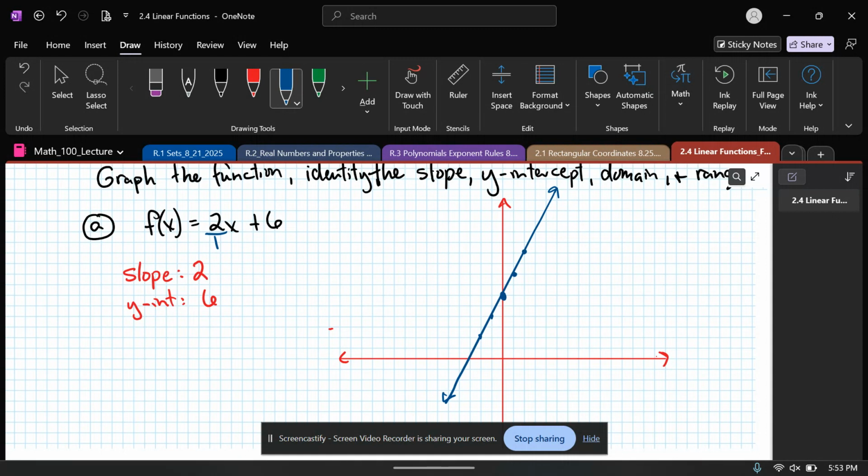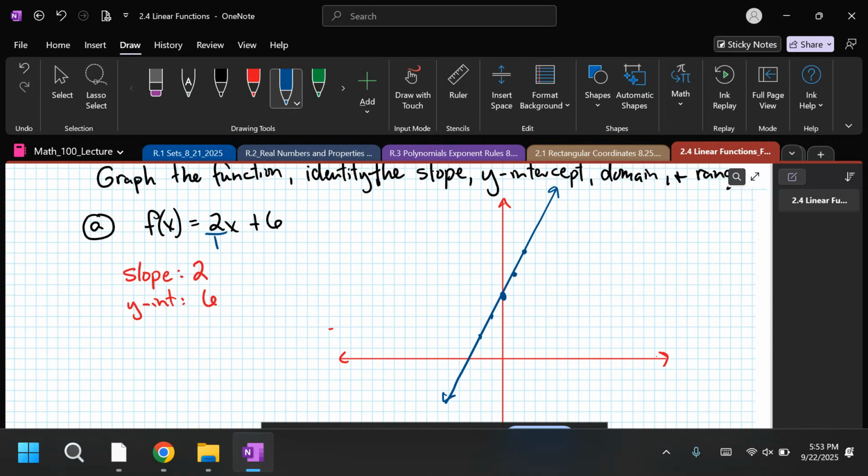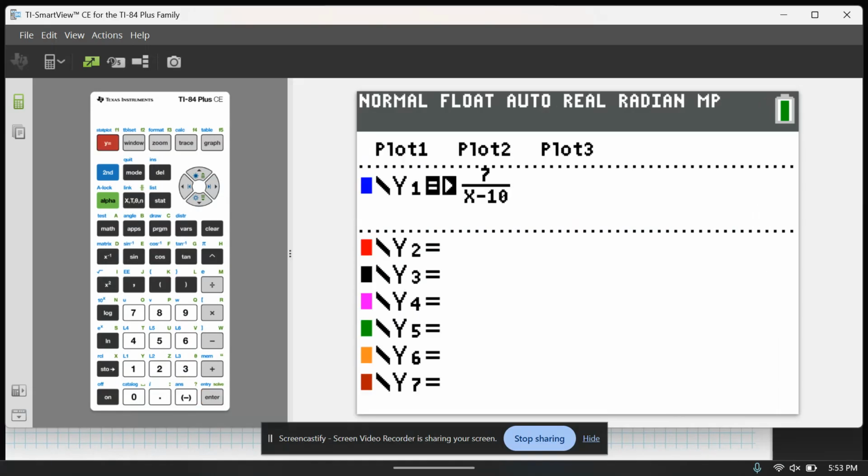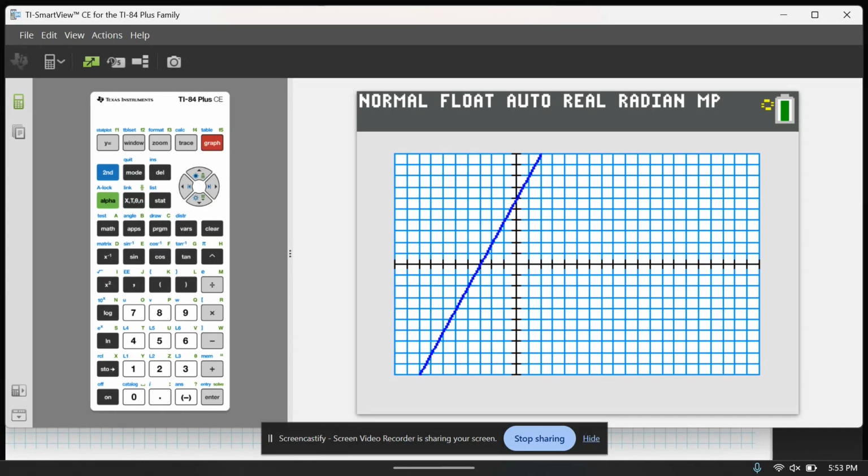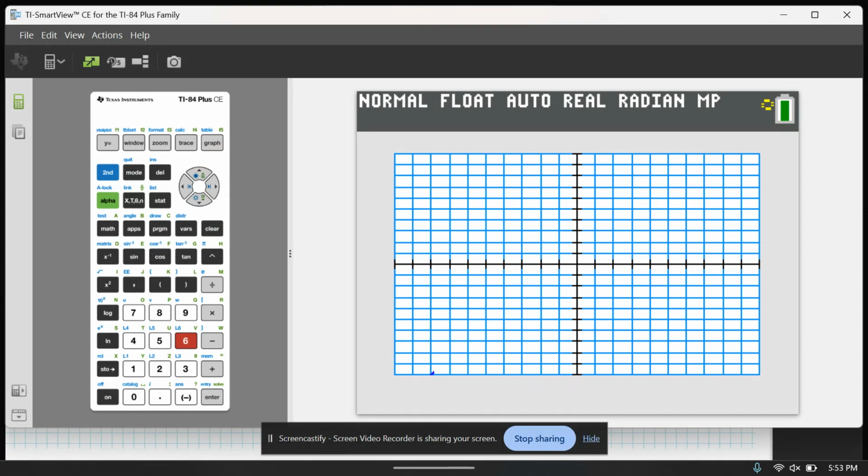Now I'm going to graph it with the calculator. On the calculator, I'm just typing in 2x, X is right beside the green alpha button, plus 6. I'm going to hit zoom 6 to reset my window to 10 by 10.